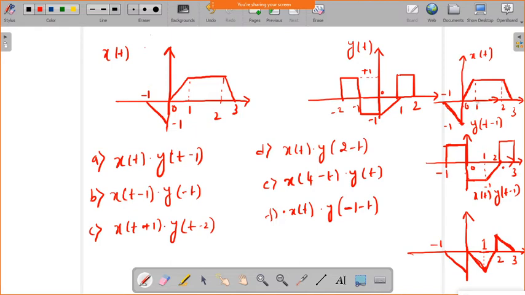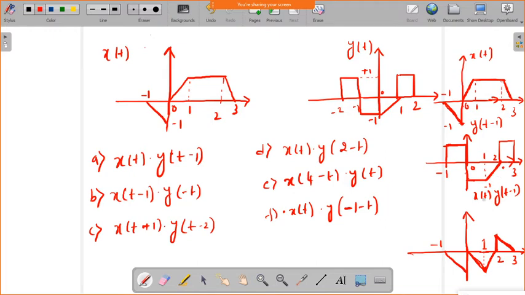In a similar way, from 1 to 2, the value of x of t is 1. But from 1 to 2, what is y of t minus 1? It is again t, a growing ramp, that is plus t. If you multiply plus t and 1, it will give the same growing ramp, from 1 to 2.